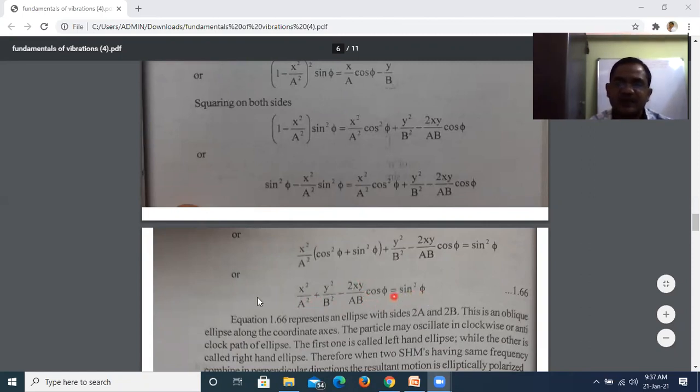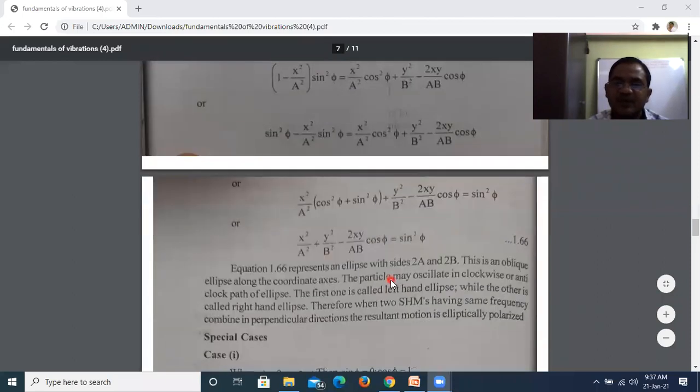So this equation represents an oblique ellipse. This is the resultant equation of motion, or the equation of the resultant motion of the combination of two mutually perpendicular simple harmonic motions.